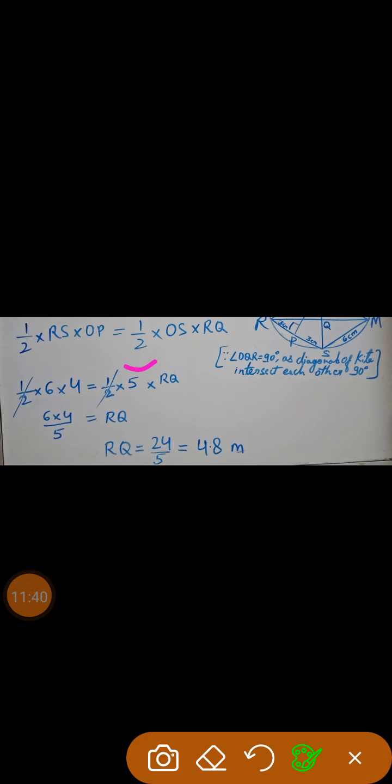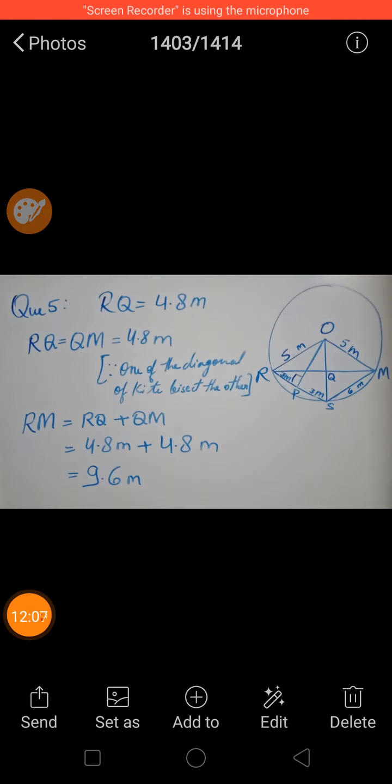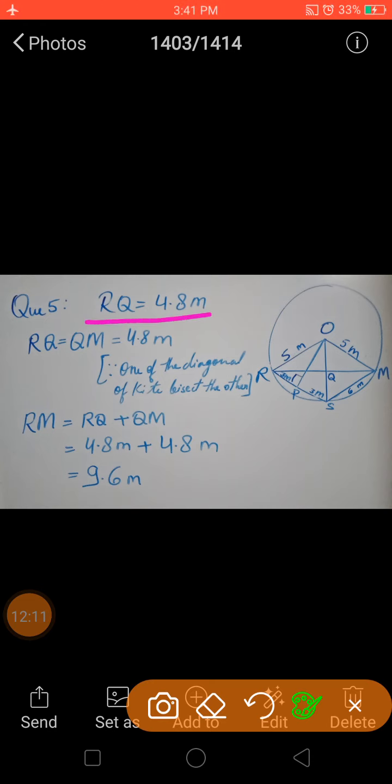Now 1 by 2 will cancel from both sides, and 6 by 4 is left. 6 by 4, and this 5 will come to the left hand side, and RQ will be equal to 6 into 4, which is 24. 24 by 5 means 4.8 meter. The length of RQ we have got is 4.8 meter.